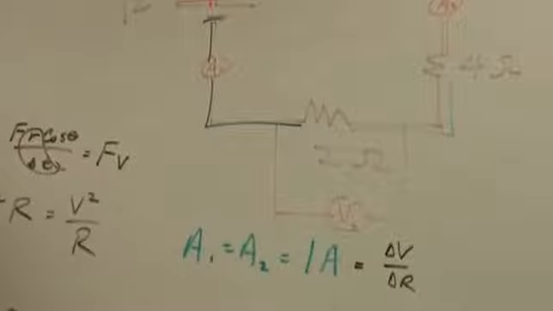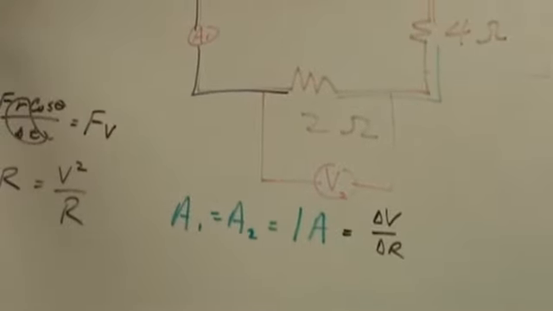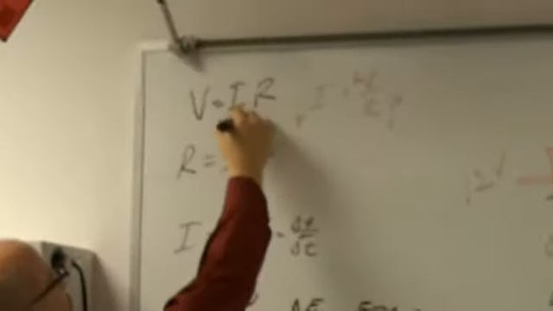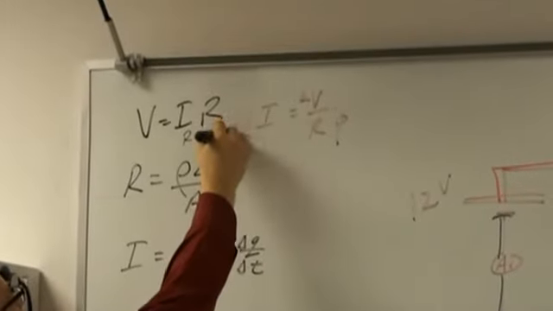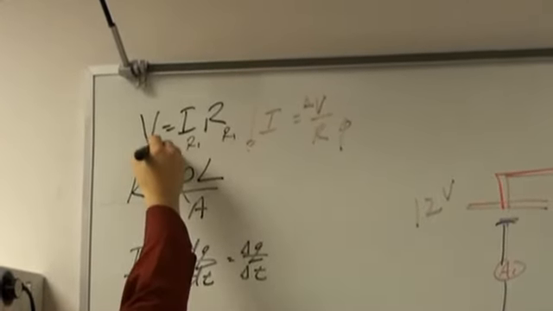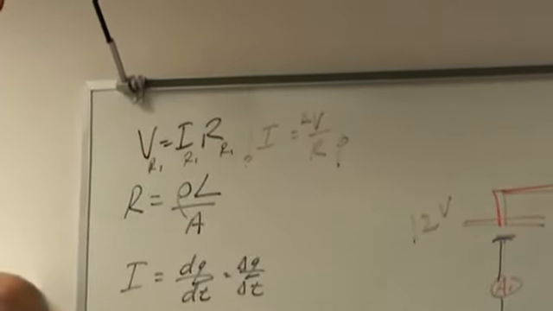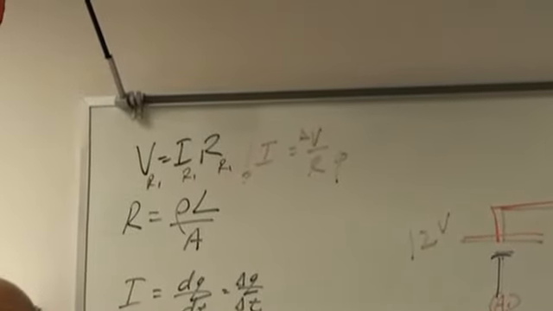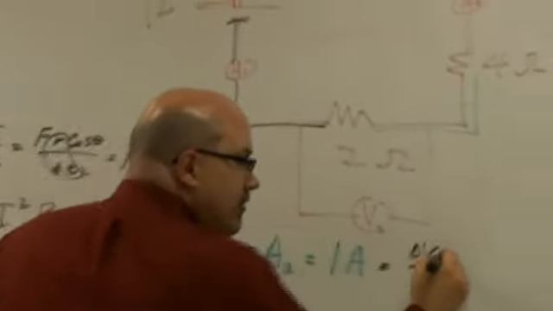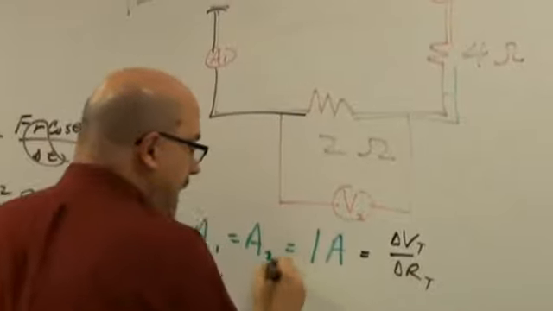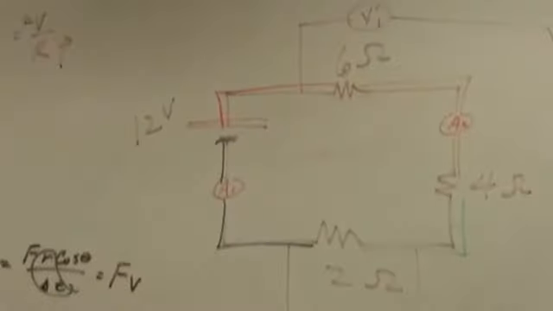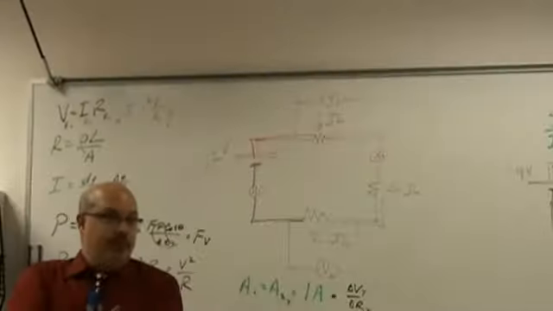Whenever you use Ohm's law, if you're trying to find the current through resistor number 1, you have to use the resistance of resistor number 1, and you have to use the voltage across resistor number 1. Or you have to use the total, and total. See what I'm saying? They always have to be matched up.